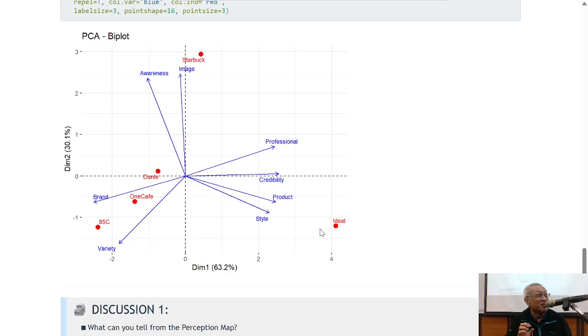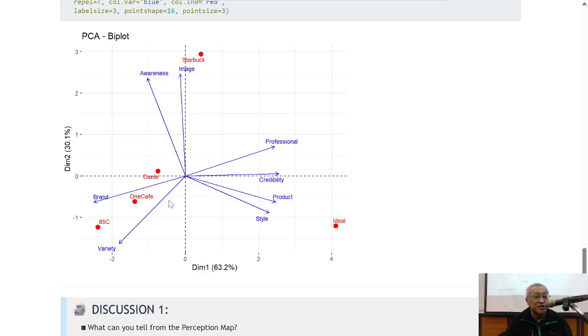From this chart, we usually call it a conceptual map, because every point is a brand, and these are the brand image aspects of our interest.